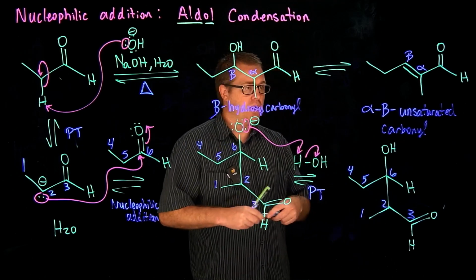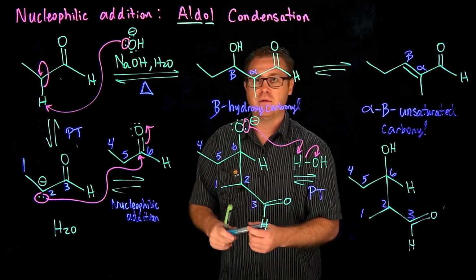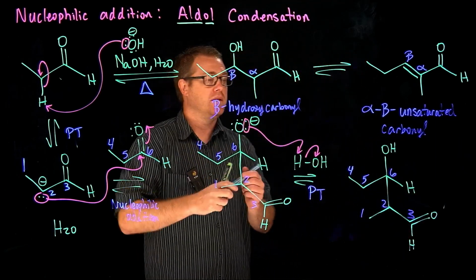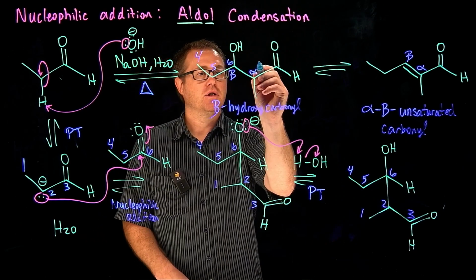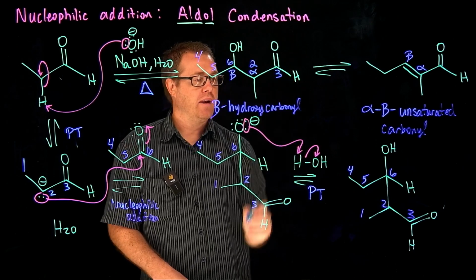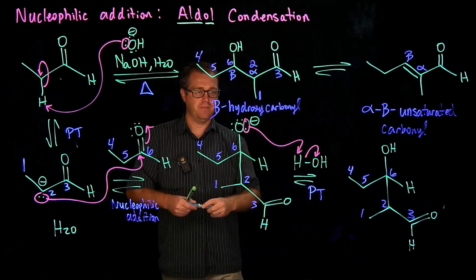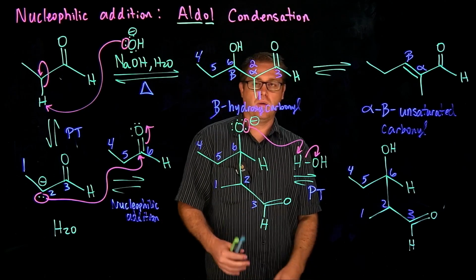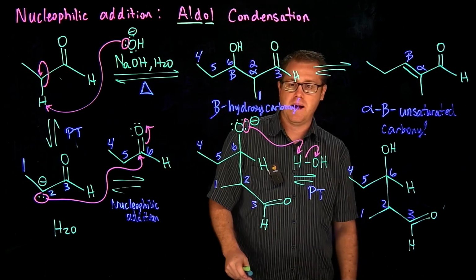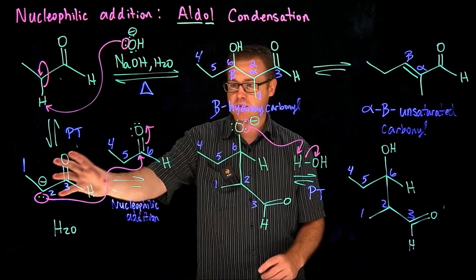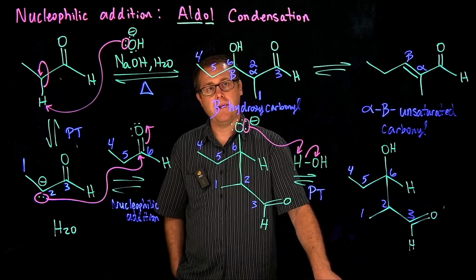So what we can do is just take this molecule and rotate it and spin things around to make it look like this. So we can see 4, 5, 6, 2, 3, and 1 right there. And so that's what our beta-hydroxycarbonyl compound looks like. And so this mechanism right here is exactly the same from the previous video, okay?